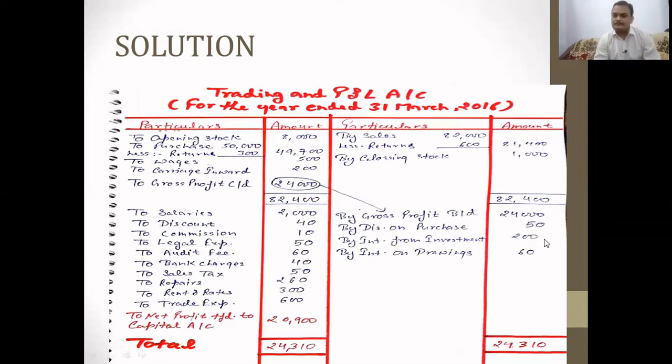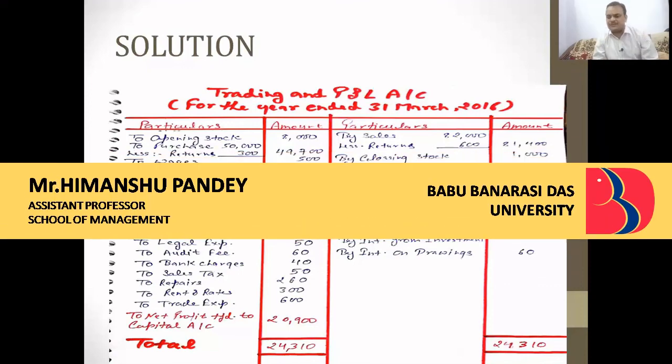Then we total both sides, compare debit and credit, and find a net profit. That net profit is 20,900, and it is transferred to the capital in the near future for finding out the financial position of our business and preparing the balance sheet.